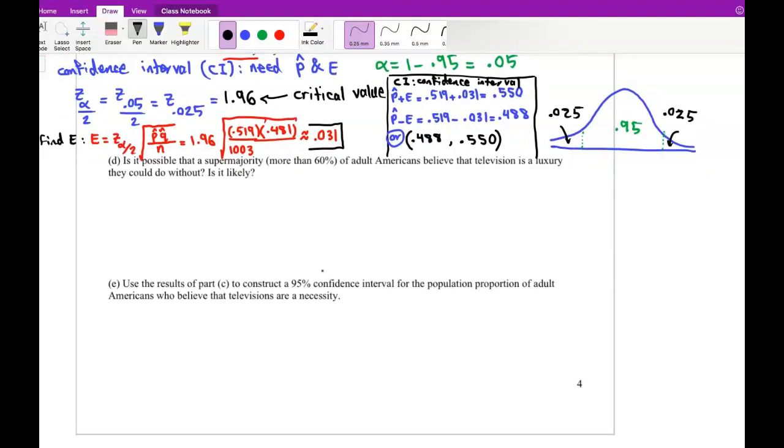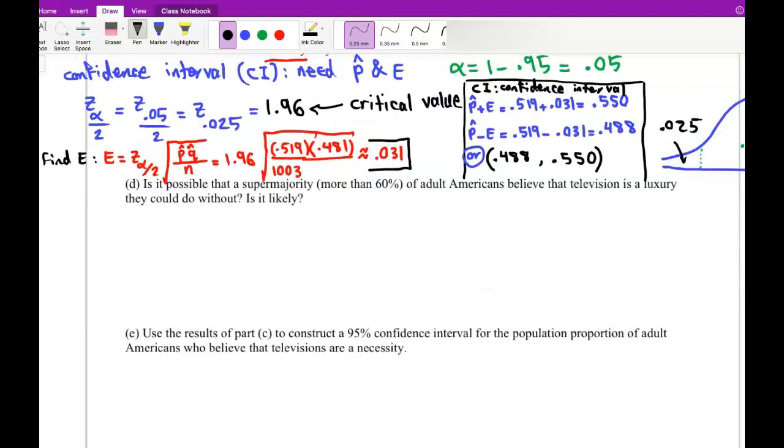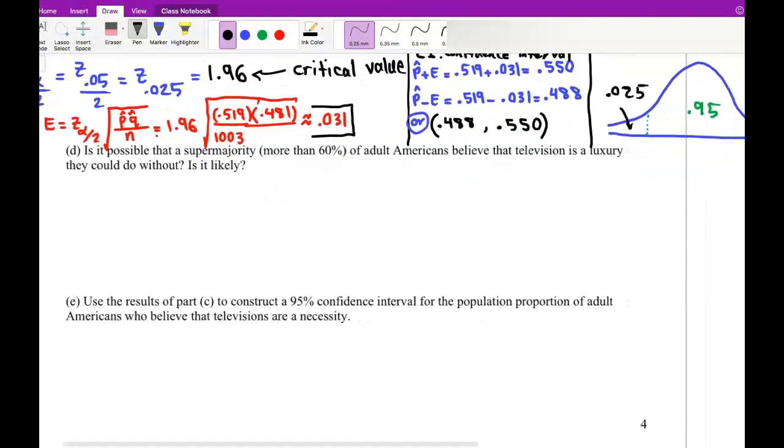Okay, now part D. Is it possible that a supermajority, for example, more than 60%, so more than 60% of adult Americans believe that television is a luxury they could do without?